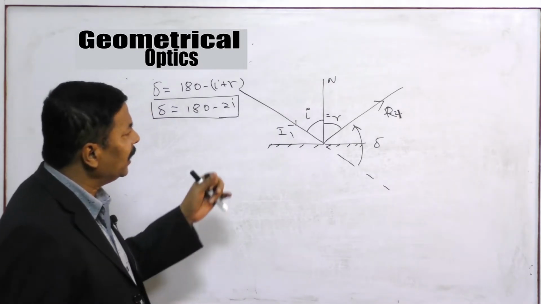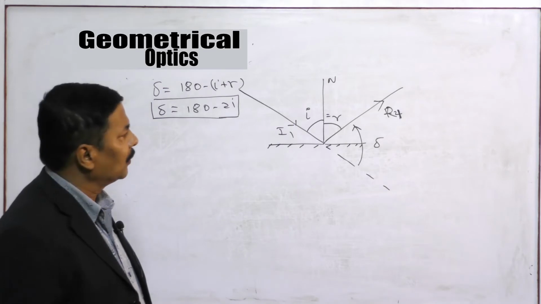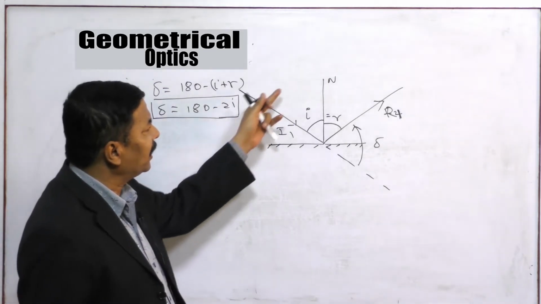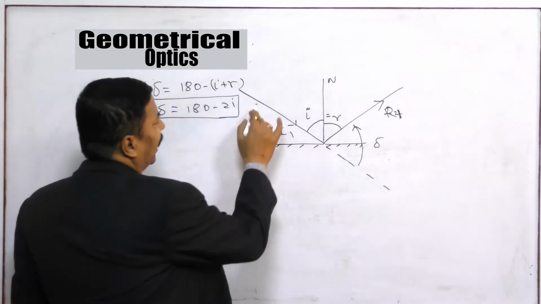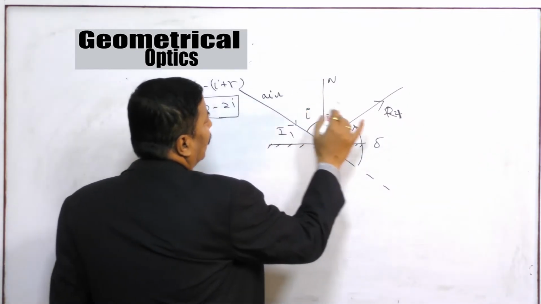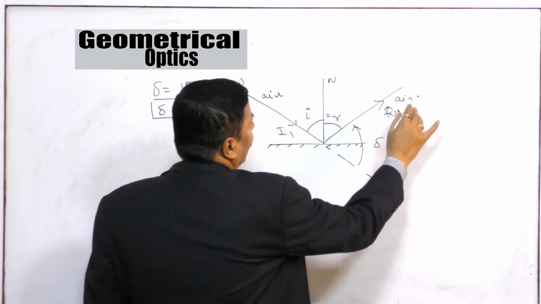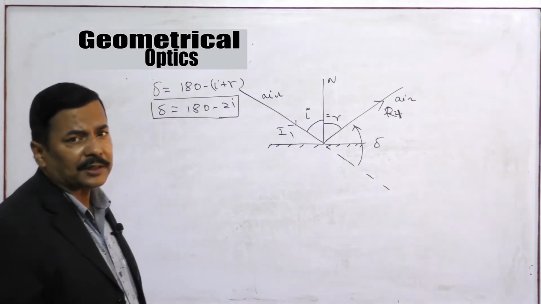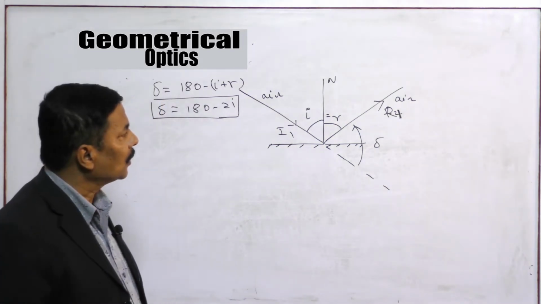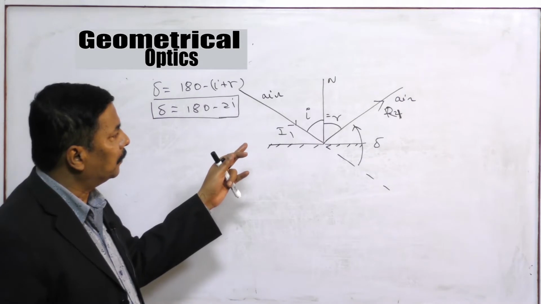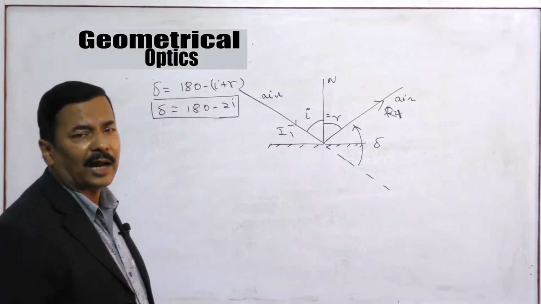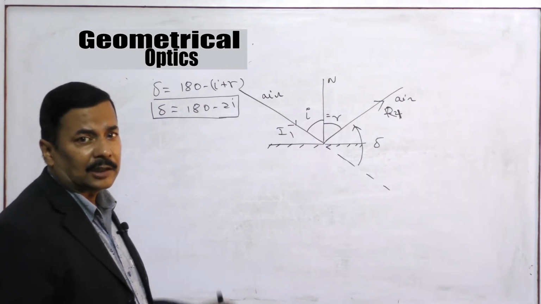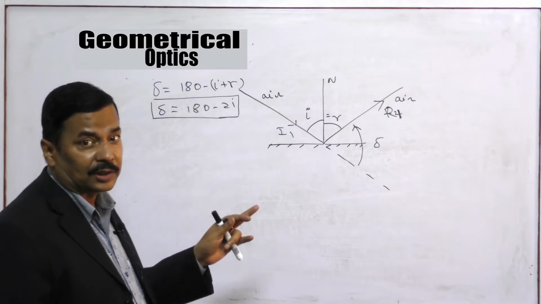Now in the process of reflection, light comes back in the same medium. Here it is air, and the reflected ray is also in air. And in this process the velocity of light changes. Speed does not change, velocity changes. Why?